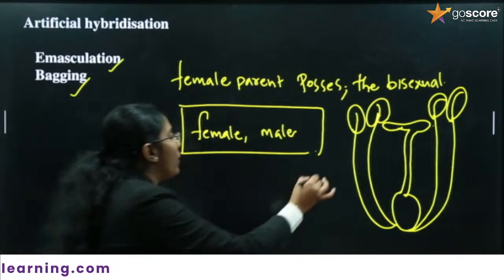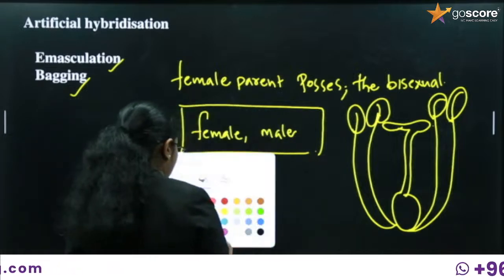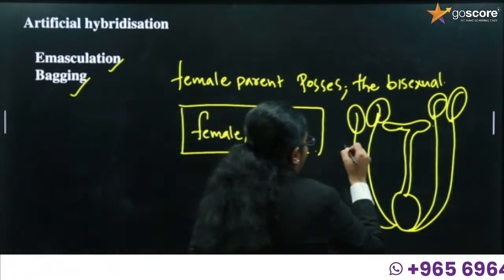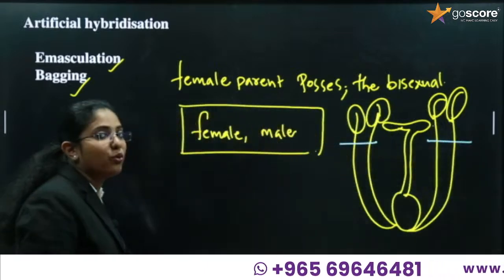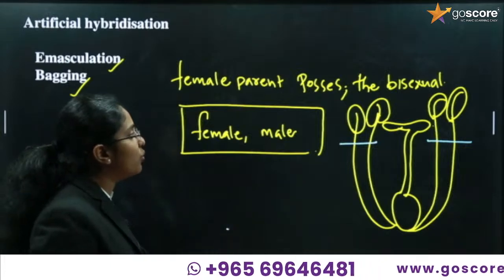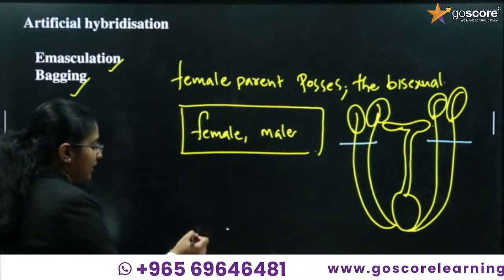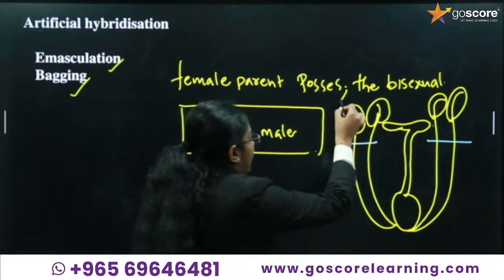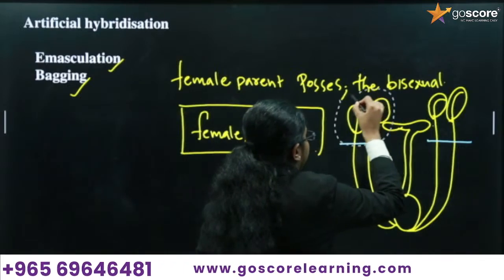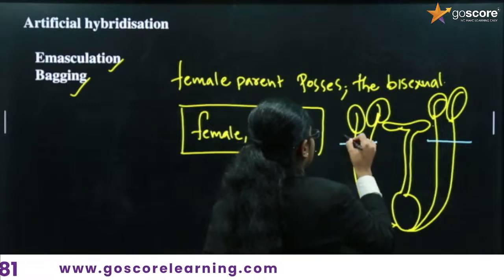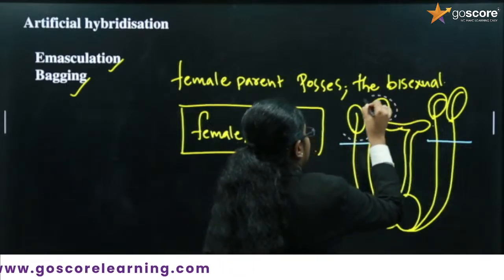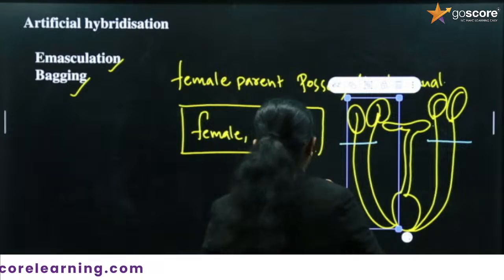So what is emasculation? Emasculation is the removal of anthers. When the anther is removed, what is remaining there? Let's remove the anther. It is completely removed.